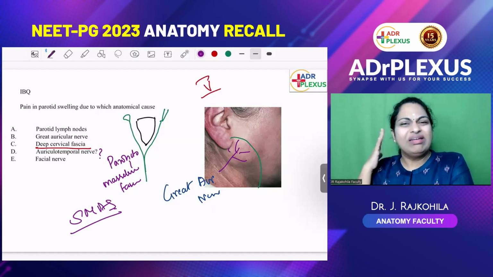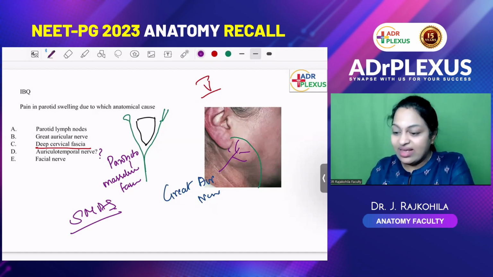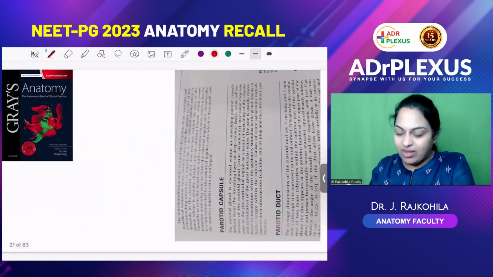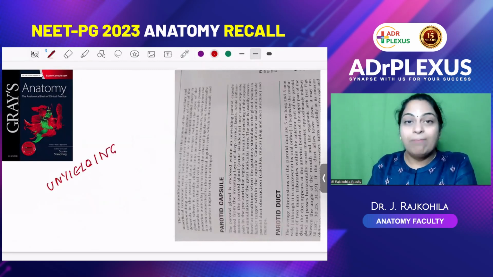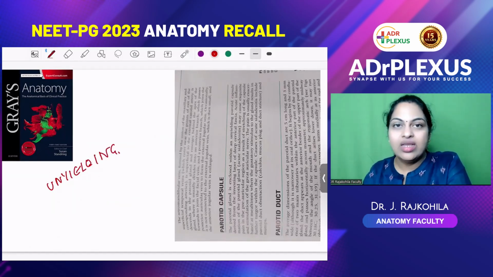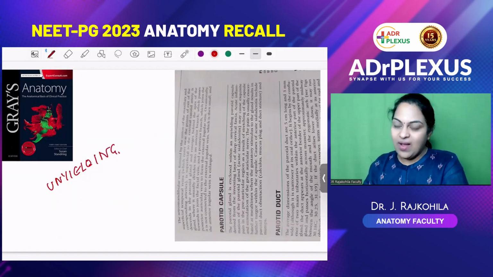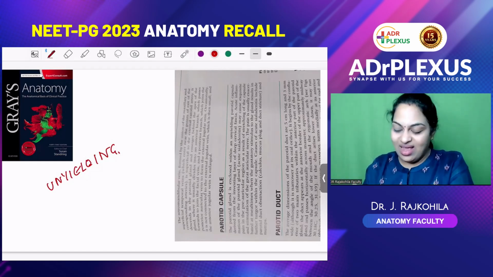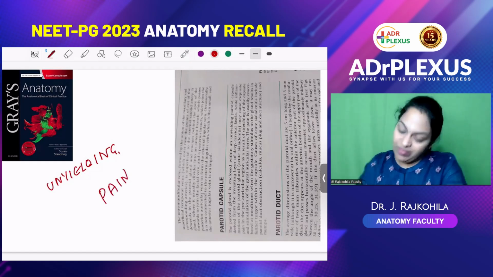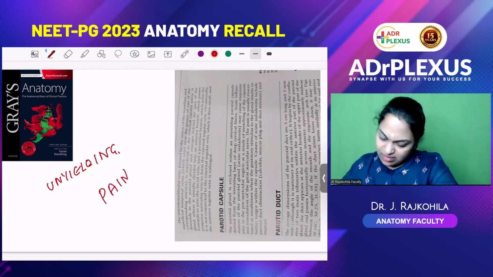This fascia is very tough. The exact words that have been given in our Gray's Anatomy also: the unyielding nature of the parotidomasseteric fascia, the investing layer of the deep cervical fascia, is responsible for the pain in case of parotid swelling.